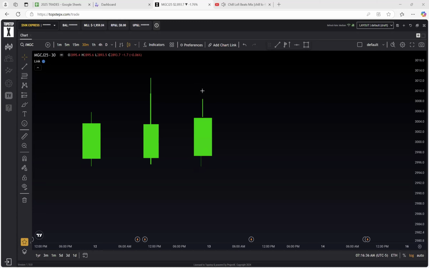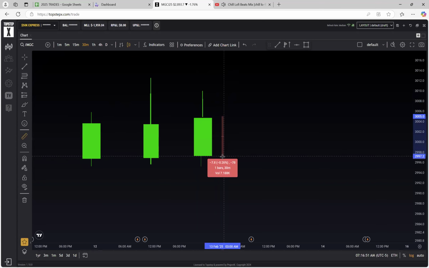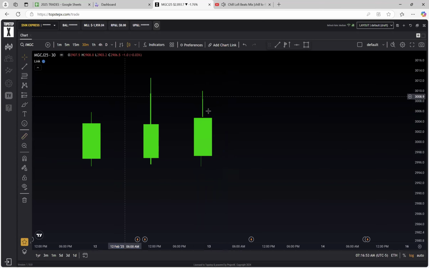We can even make this a little bit steeper, right? Let's measure this now and make sure this is not an exhaustion wick. The wick is 53 pips. The body is 75 pips here. So in this case, this wick is not bigger than the body, which means it's a good candlestick, a good confirmation candle to take the buys coming up, right?